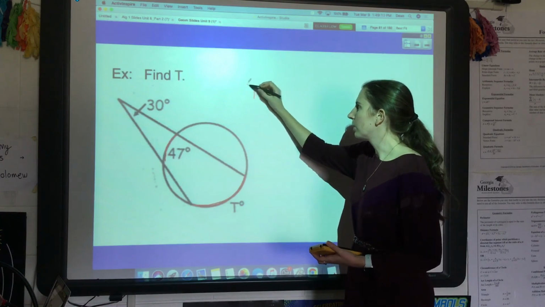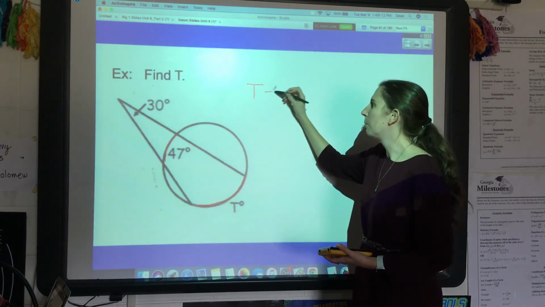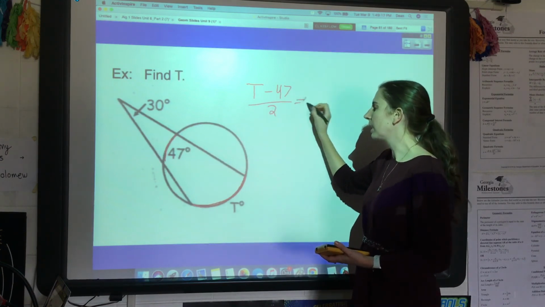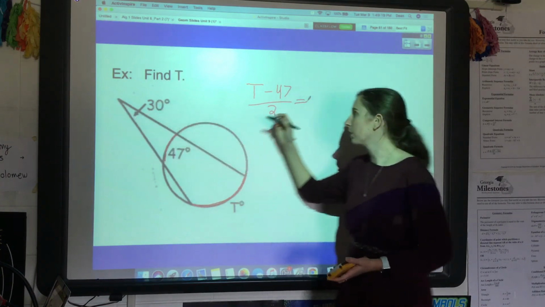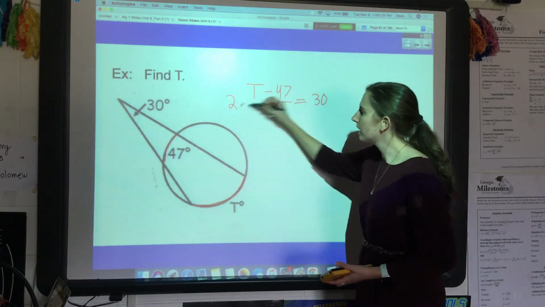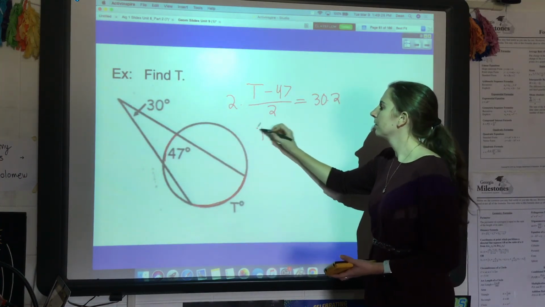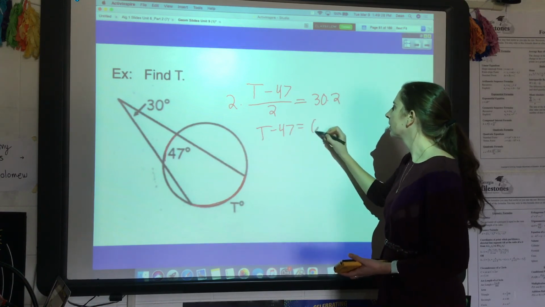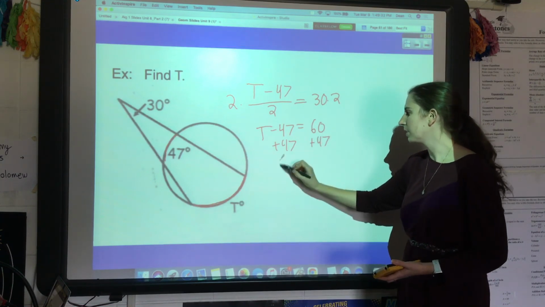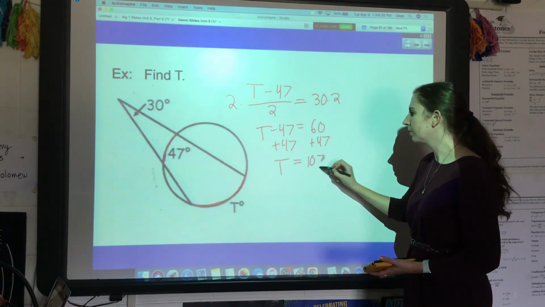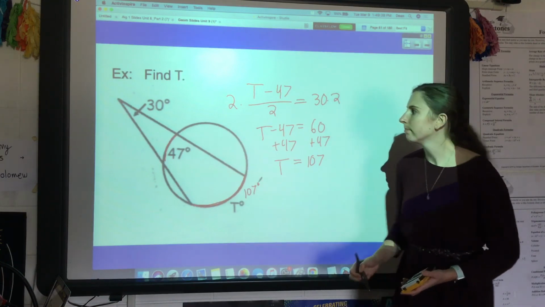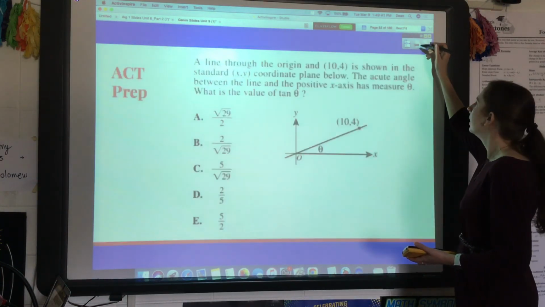So the big arc, which in this case is just t, minus 47, divided by 2 should equal this, which I know is 30 degrees. And now just solve for t. Multiply both sides by 2, and then add 47. And so t is 107. So this would be 107 degrees. All right.